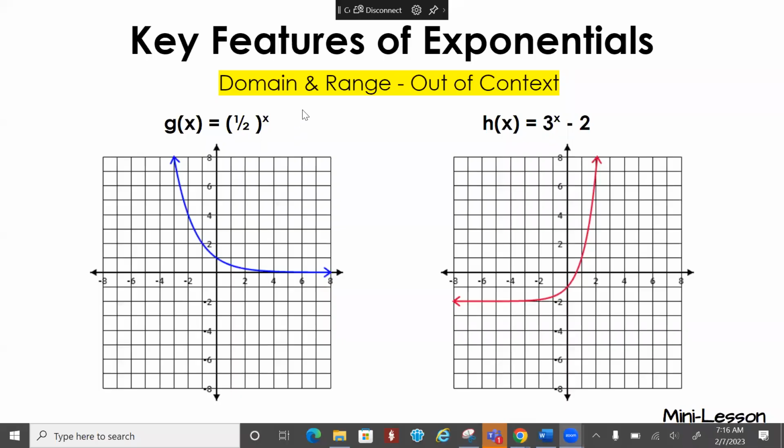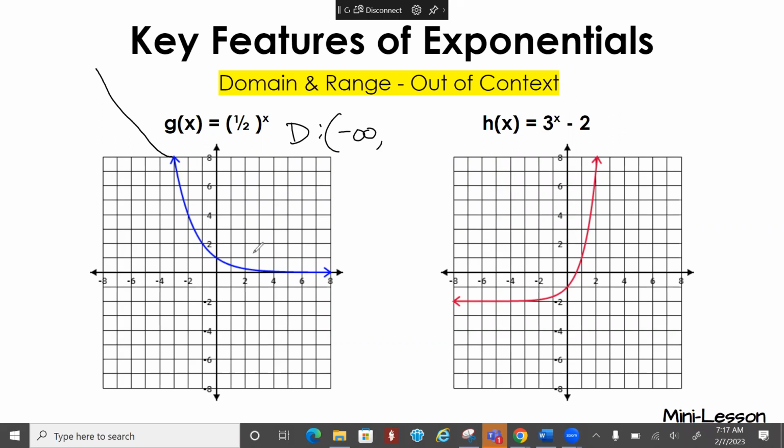Graphs. Okay, so we're dealing with out of context. So we're just dealing with the function itself. Looking at this first one, what is our domain? How far to the left does this guy go? I don't know. It keeps going. It keeps going. So how far to the left does it go?